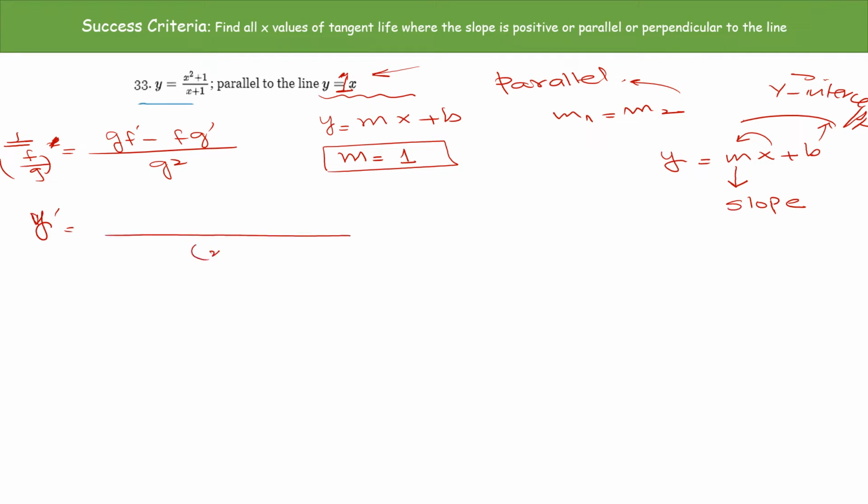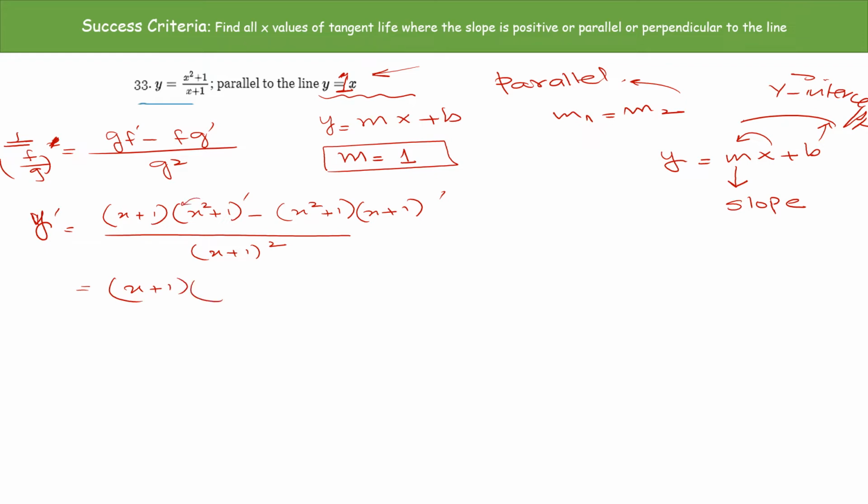So g squared in the denominator we write as it is, then g as it is, times f', it means (x squared plus 1)', minus x squared plus 1 as it is, times g', which means (x plus 1)'. Now x plus 1 we will write as it is because there is no prime.